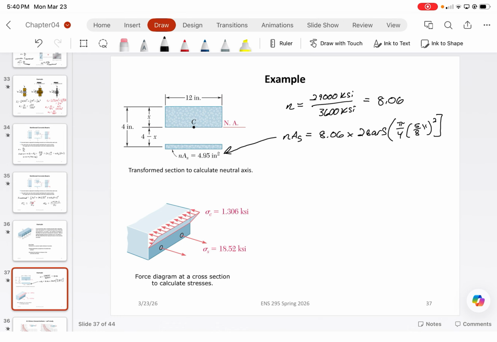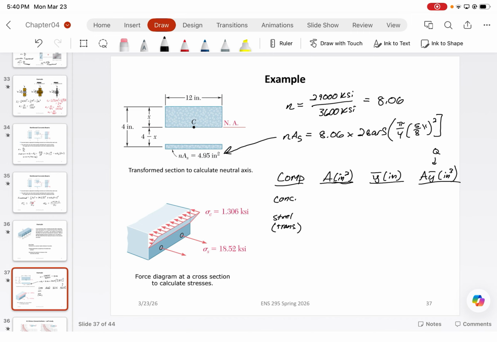So let's have a component, an area in inches squared, a y bar term in inches, and an A y bar term in inches cubed, which is that Q term that we previously saw. We're going to have the concrete and the steel, but the steel should be transformed.